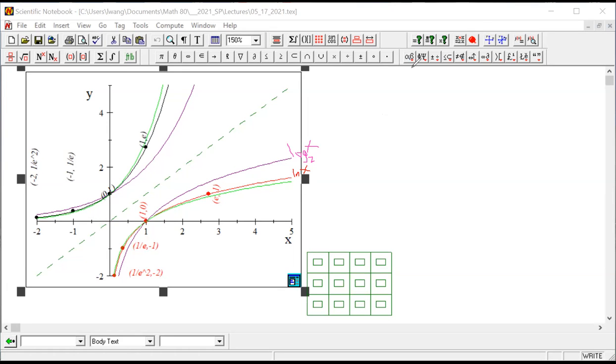The green is log base 3 x. These relative positions give us a lot of perspective, because if I ask you where the common log, log base 10 of x, is going to be, is it going to be above all of these, or is it going to be beneath all of these?